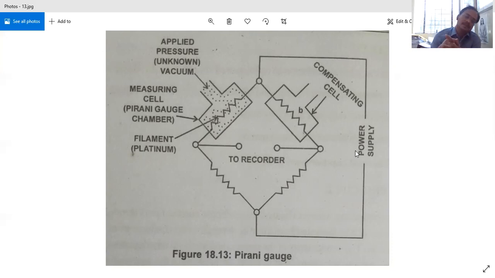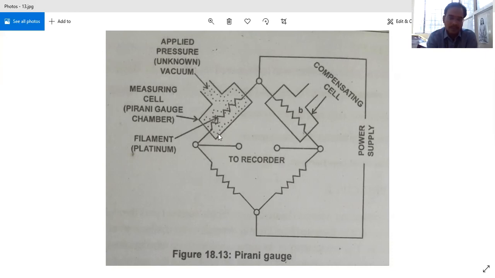It is the thermal conductivity of the material, which in turn is calibrated with pressure. In the Pirani gauge, we have different resistors forming a Wheatstone bridge.